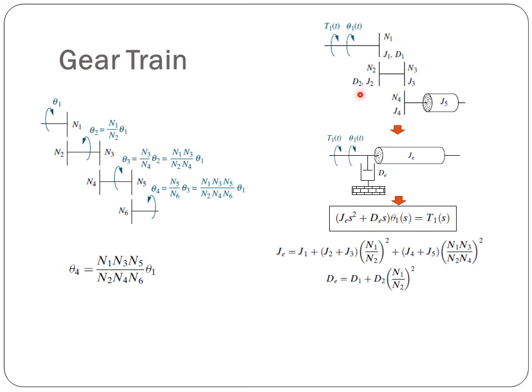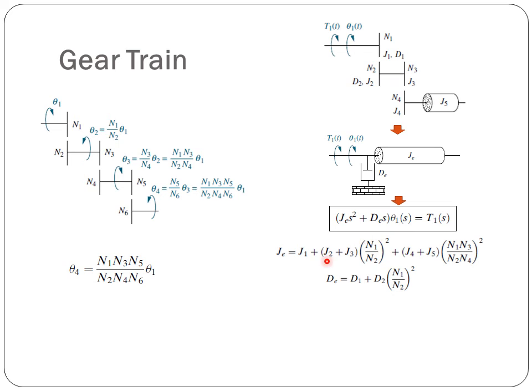Next, we can see that J2 and J3 are both on the same axis, the same displacement, let's say theta 2. So J2 and J3 are both associated with theta 2. We need to transfer these two together from this area to this area, and the transfer formula is n1 by n2 whole square.